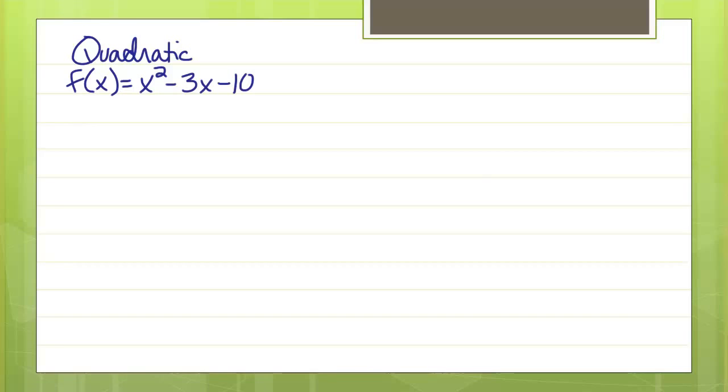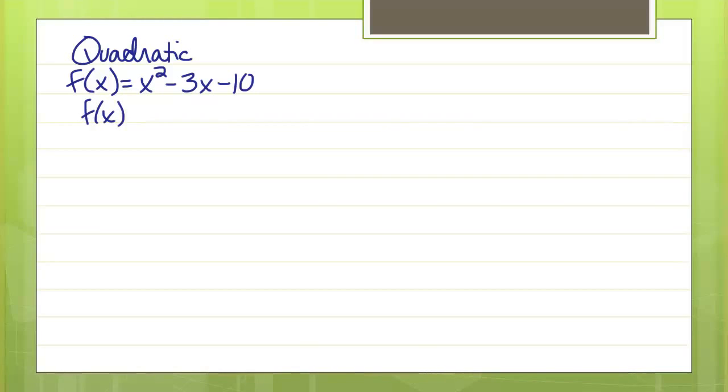So as a way to get started, I'm going to just talk about a quadratic function for a minute, because hopefully you're very familiar with those, and we can use what we know about this one and make sure that it holds when we talk about how to deal with bigger ones. So here's a quadratic function, and you should already have in your mind all kinds of things you could say about it.